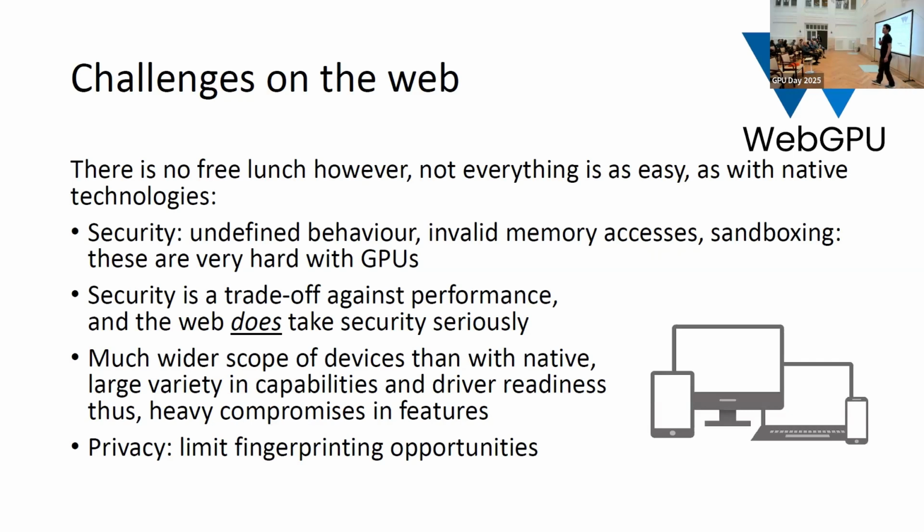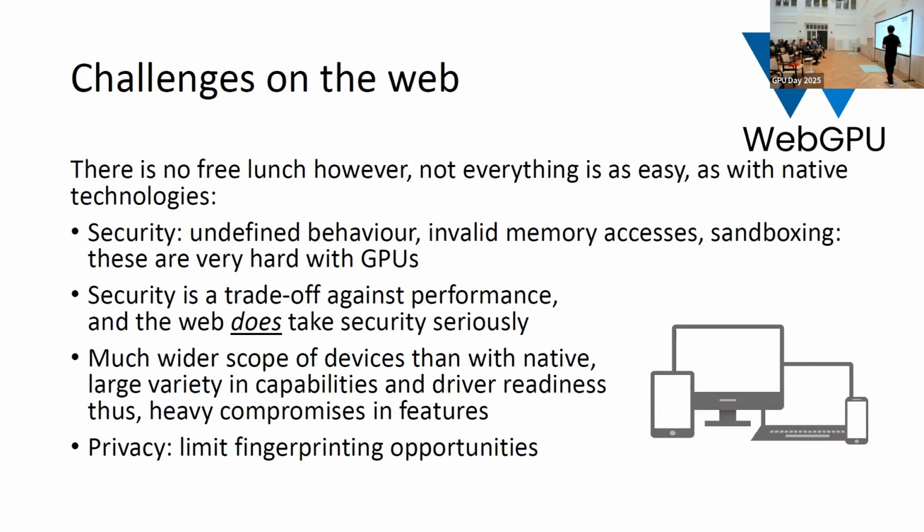So WebGPU might not bring out 100% compared to the native technologies, but let's say it's in a single-digit percentage of losses. And the other thing is that it needs to support a much wider range of devices. Just think about it, how many different kinds of mobile devices are there compared to the desktop systems.